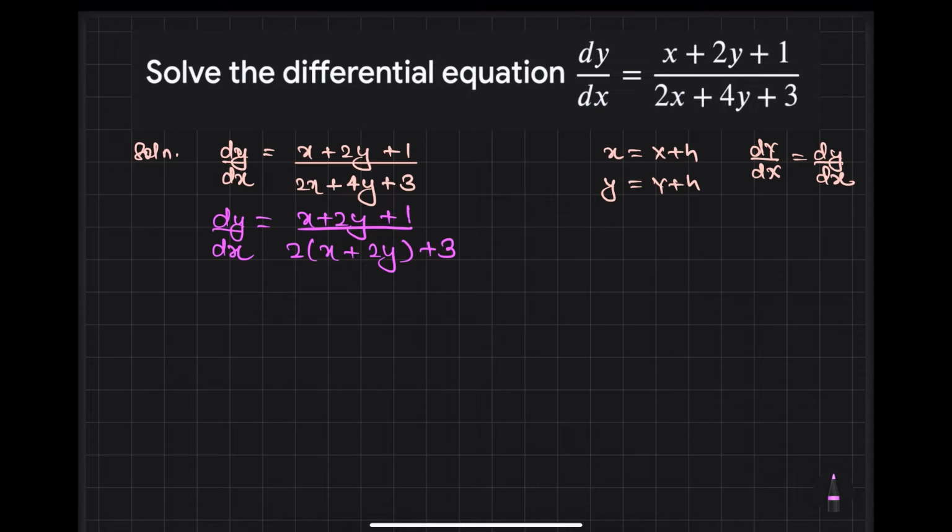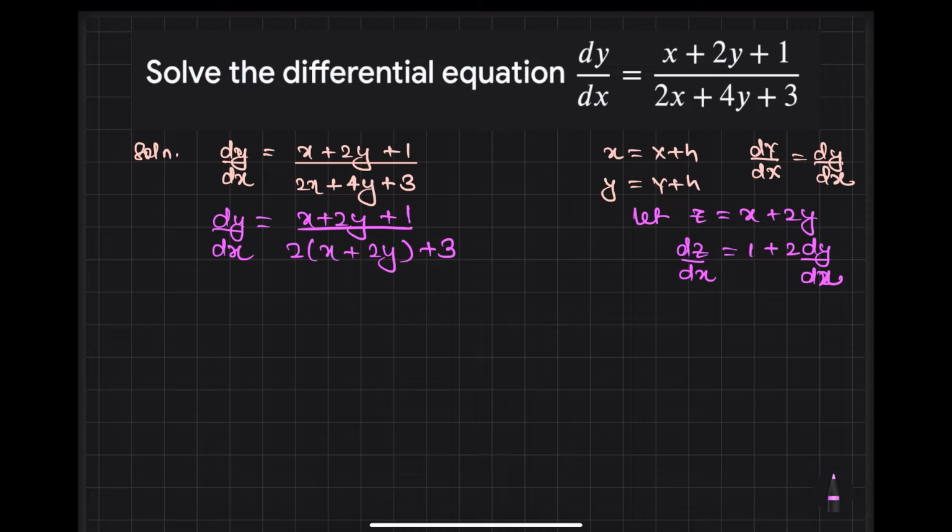For the time being I will consider z equals x plus 2y. Now do the differentiation. So we have dz by dx equals 1 plus 2 dy by dx. Now you can do the replacements.